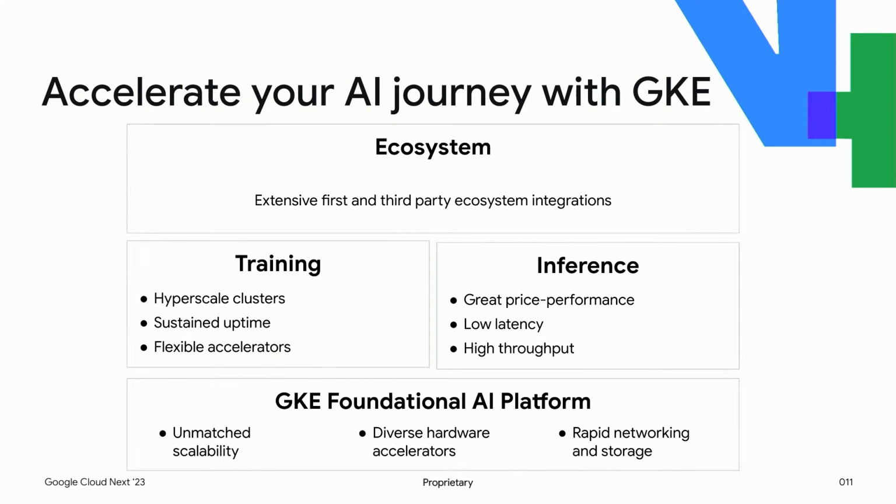So that's a foundation. And in that foundation, we ensure that we cover all compute platform options across TPU, which was announced yesterday, GPU, and CPU. So you get consistency of compute as you rely on GKE.